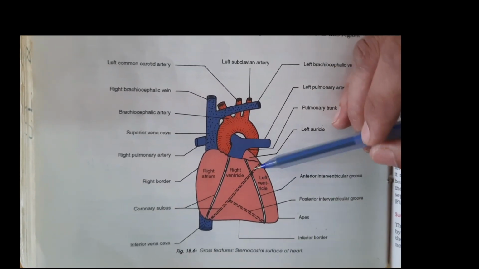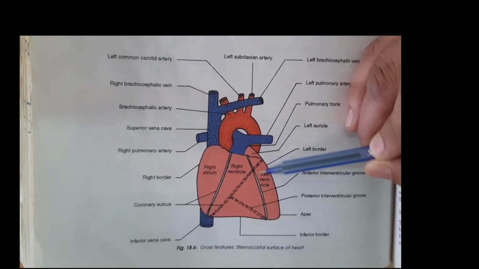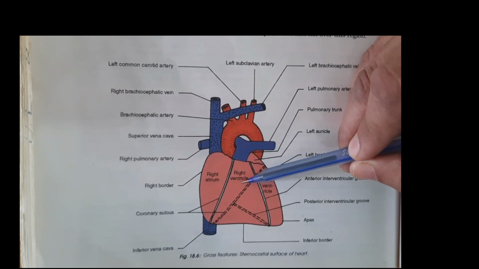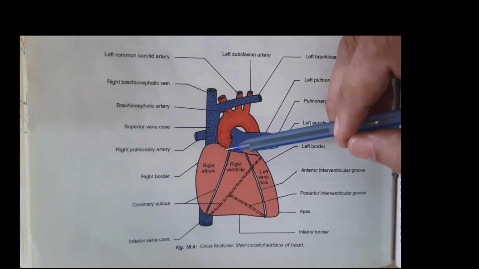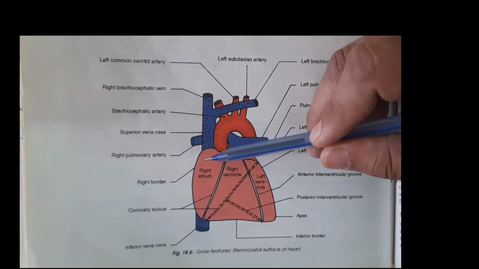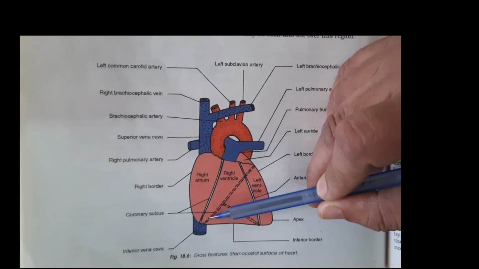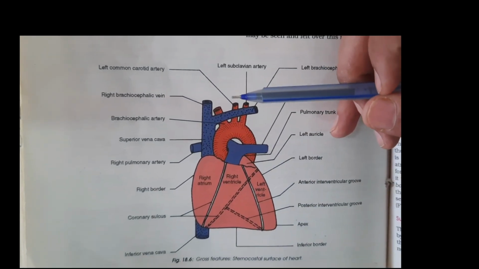Another groove is near the left border, the vertical interventricular groove that separates the right ventricle from the left ventricle. So in this sternocostal surface, we can see the atrioventricular groove and the interventricular groove.